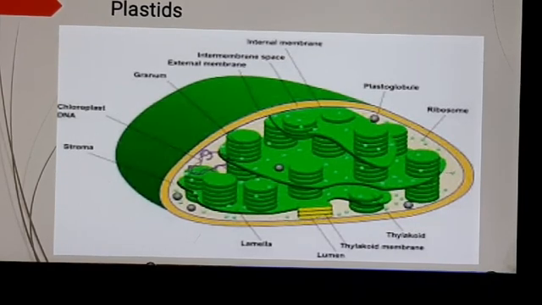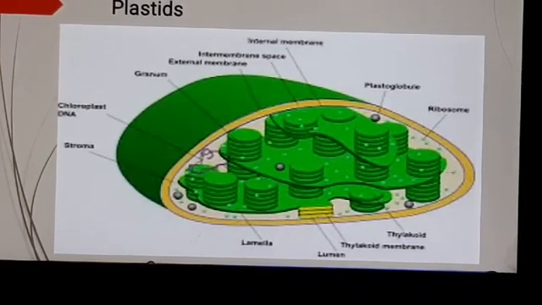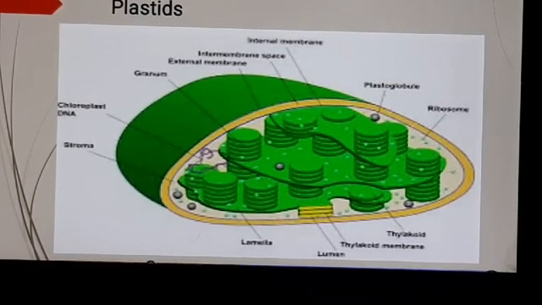On the basis of their function, plastids are of three main types. But before that, I will explain that in lower classes you have read that the leaves of plants synthesize food for the plant. In the cells of the leaves of the plant, plastids are present in abundance, meaning in maximum quantity.